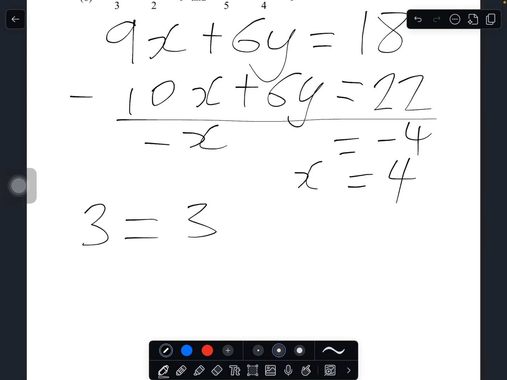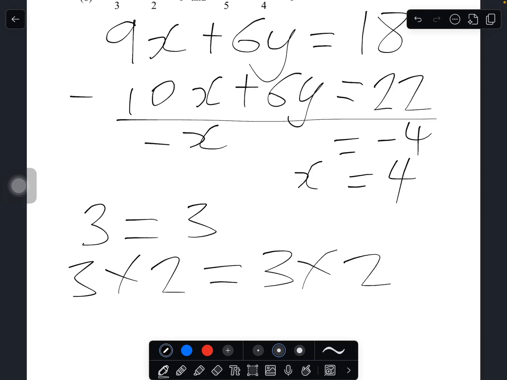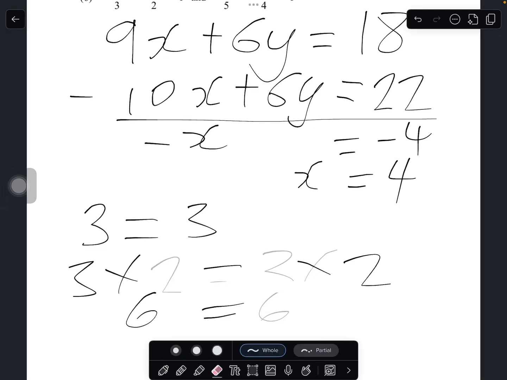If I multiply both sides by 2, both sides still equal 6. And what that shows us is, if you do anything to every term in the equation and you manipulate it, you're still going to get the same value. So that is what allows us to do that, if anyone was wondering.